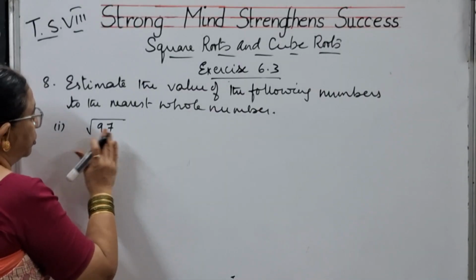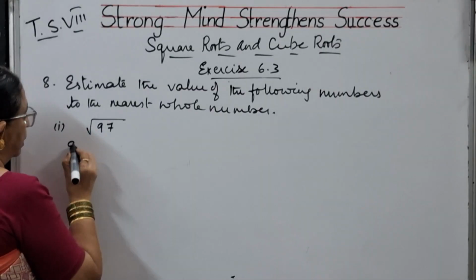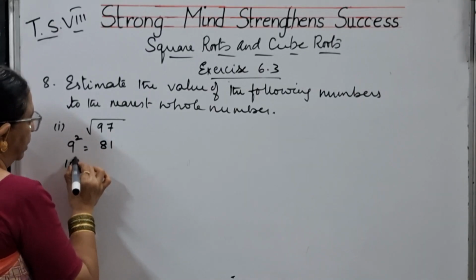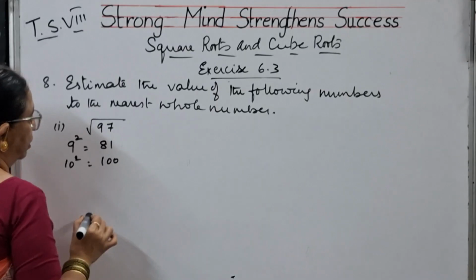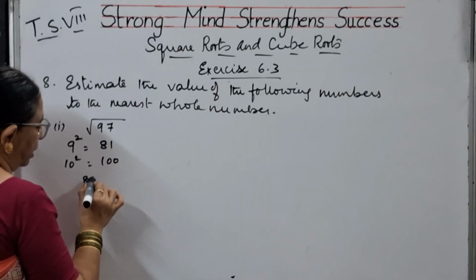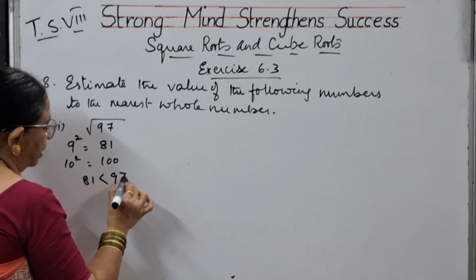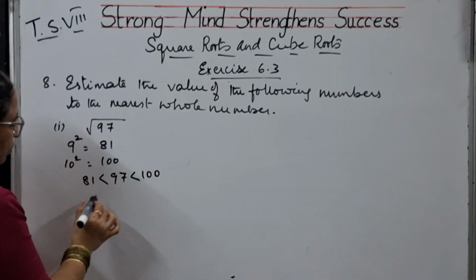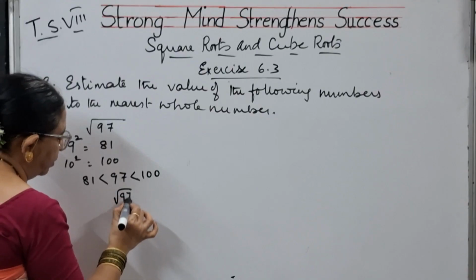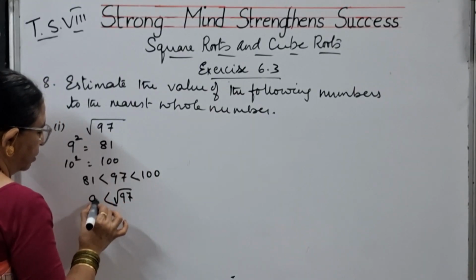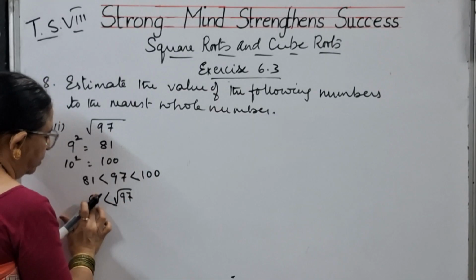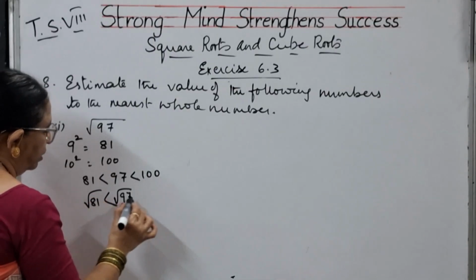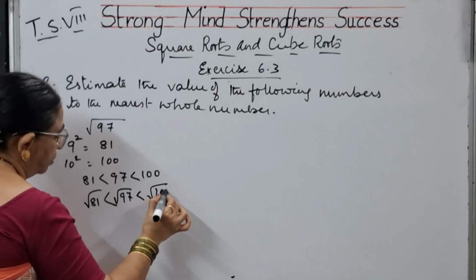So when you are talking about 97, we know that 9 square is equal to 81 and 10 square is equal to 100. So 97 lies between 81 and 100. So root 97 lies between root 81 and root 100.